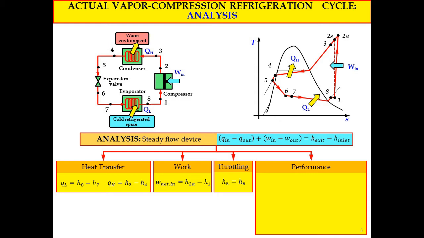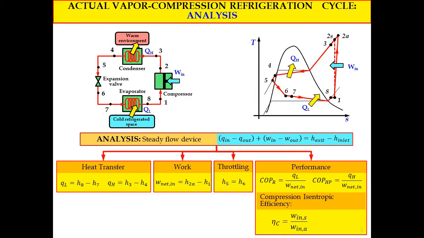And the last formula involves the performance, where the value of COPR will be equal to QL divided by W net in, COPHP equal to QH divided by W net in, and we have another performance formula for the actual vapor compression refrigeration cycle, which is the compression isentropic efficiency, referring to the isentropic efficiency for the compressor.